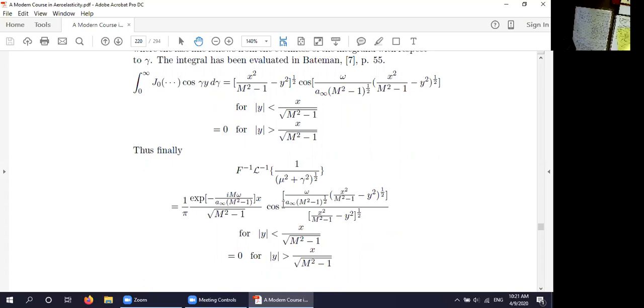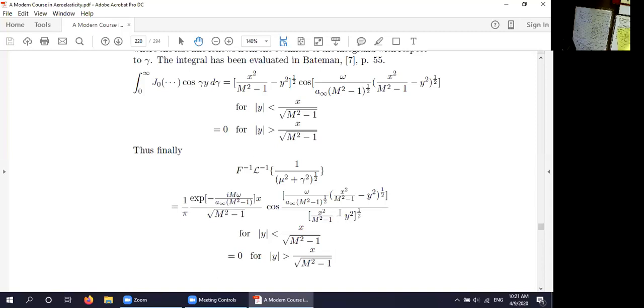Why? Because we've got this factor x squared over M squared minus 1 minus y squared, and this turns out to be something that can be 0 in the flow field of interest. And so this value of the double inverse is singular because we have a factor in the denominator that can go to 0, which means this whole thing is going to infinity. But the mathematicians would call this an integrable singularity because it's only a square root singularity.